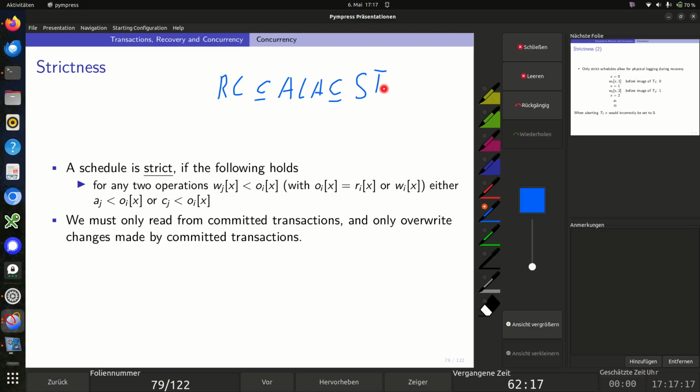And of course, if we have a serial history, then serial is the best thing. Serial is always strict and always avoiding cascading aborts, and of course it's also recoverable. So we can draw a Venn diagram.